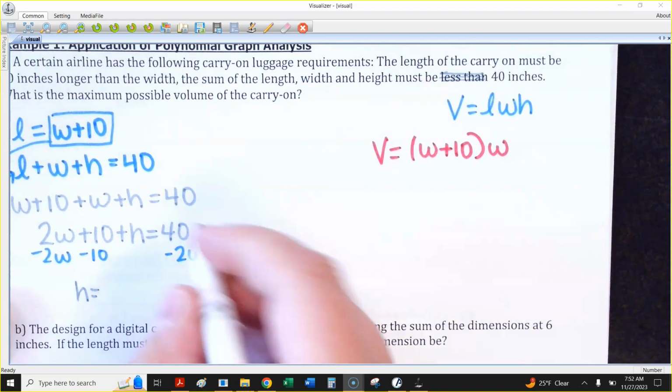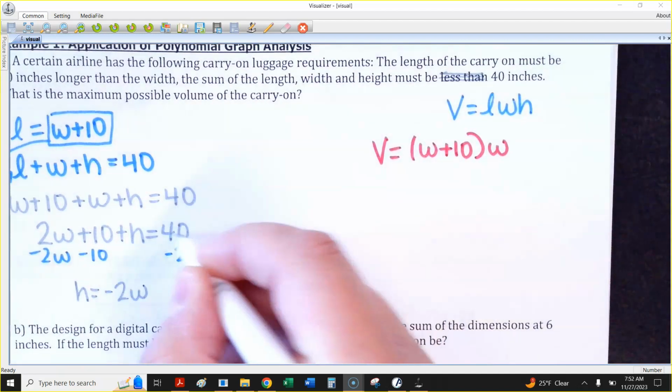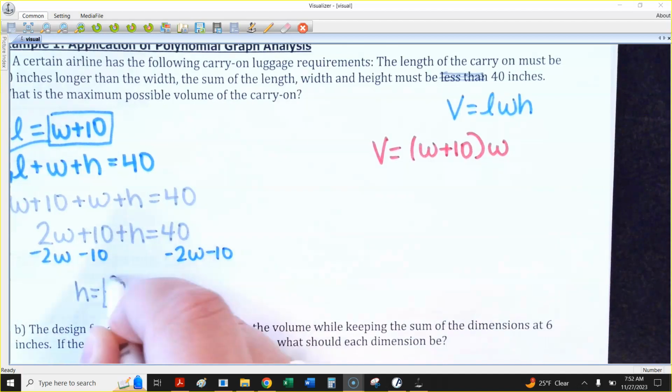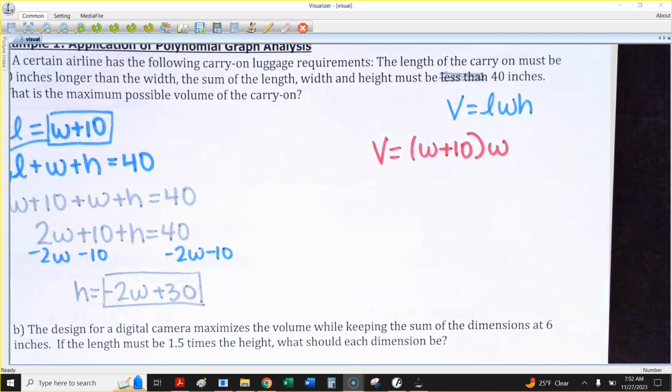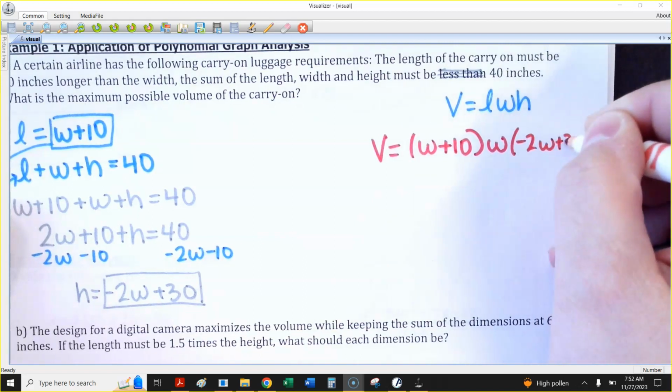So I'm just going to write negative 2W, nothing to combine that with. 40 minus 10 would be 30. All right, so then I also have the height in terms of the width. So I'm just going to come back over here, and so my height, instead of writing H, I'm going to write negative 2W plus 30.